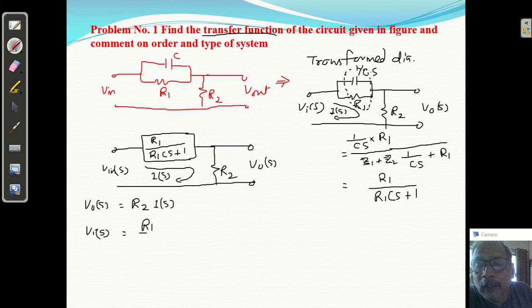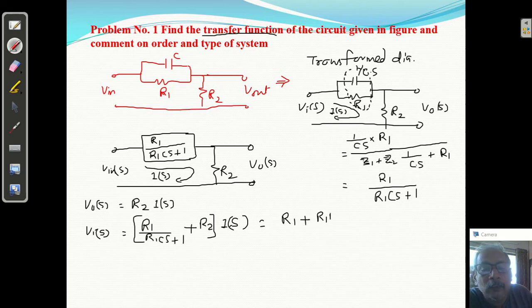So R1 upon R1 CS plus 1, plus R2, into I of S. If you simplify this, after taking the LCM, you will get R1 plus R1 R2 CS plus R2, upon R1 CS plus 1, into I of S.